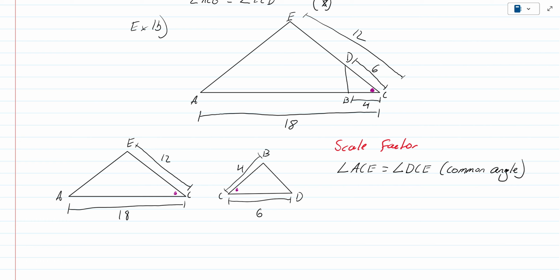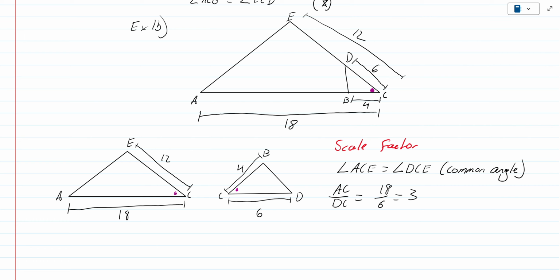There's our first one. And then we have our other line. We know that line AC corresponds to line DC. So we've got a scale factor problem here. We're going to put AC divided by DC, which is equal to 18 over 6. So we know we have a scale factor of 3.